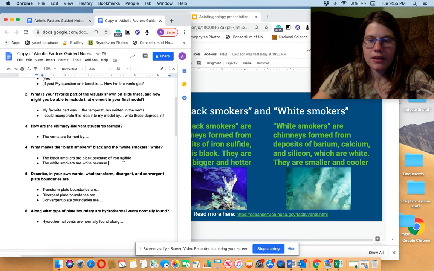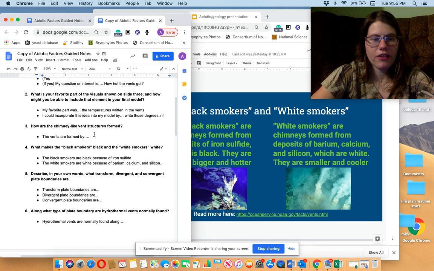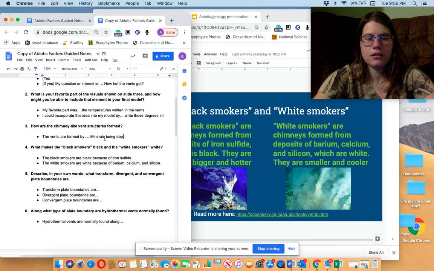White smokers are white because of barium, calcium, and silicon. Oh, I forgot to mention, vents are formed by minerals being deposited by the vent.